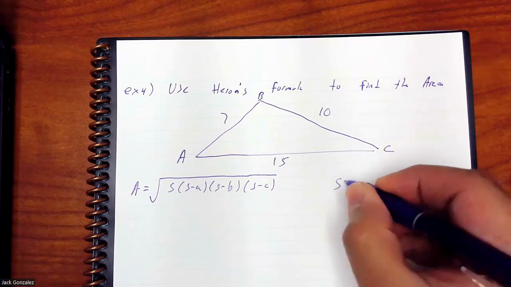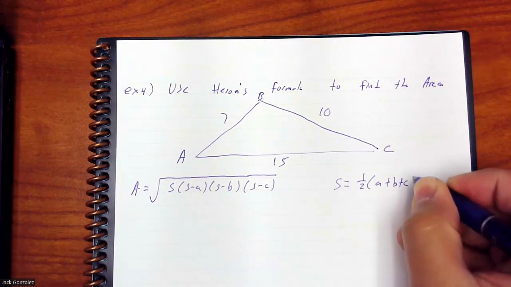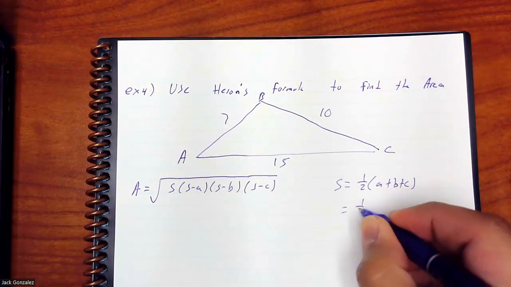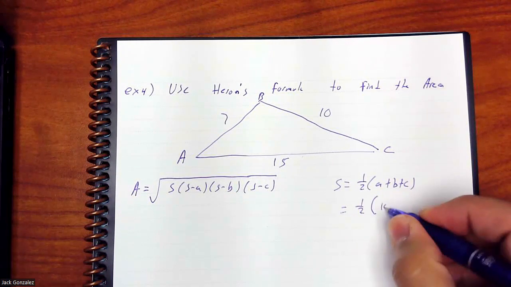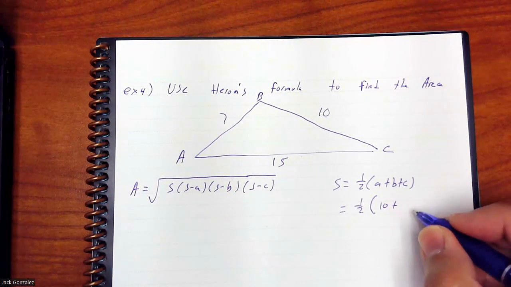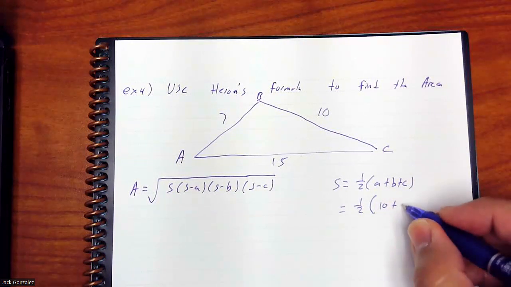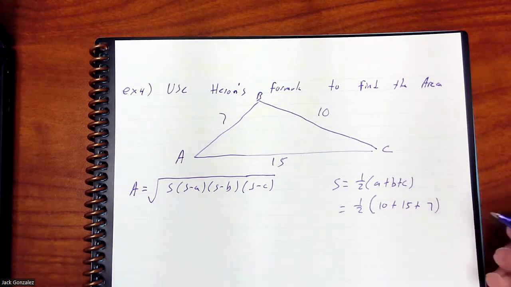So let's find s first. s is defined to be 1/2 times a plus b plus c, which is equal to 1/2 times 10 plus, well, what is a? A is 10, 15, 7.